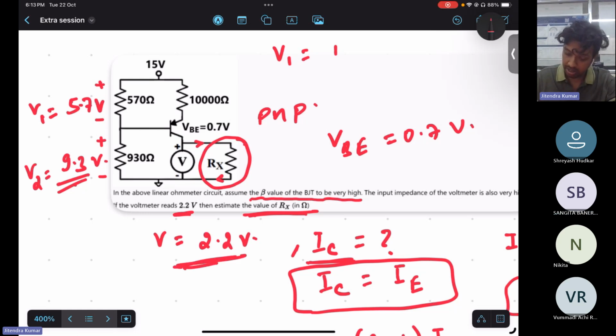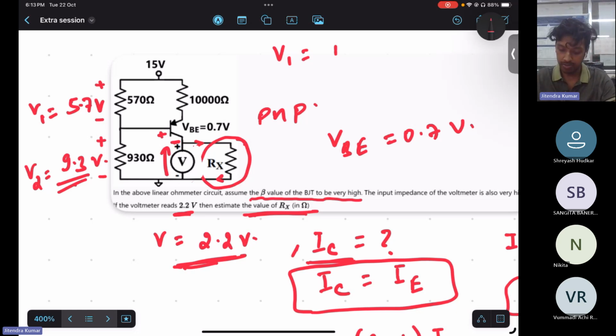2.2 is this voltage. See, this voltage is 2.2, which is this voltage plus a drop. There will be some drop between base and collector, right? That value we are not given. We are given only the value of VBE, not VBC.